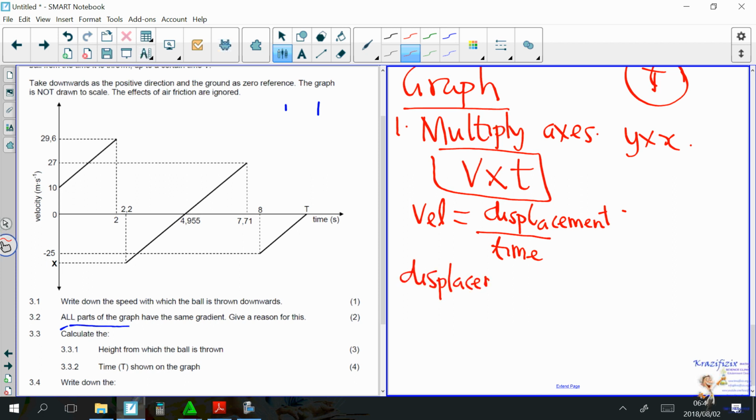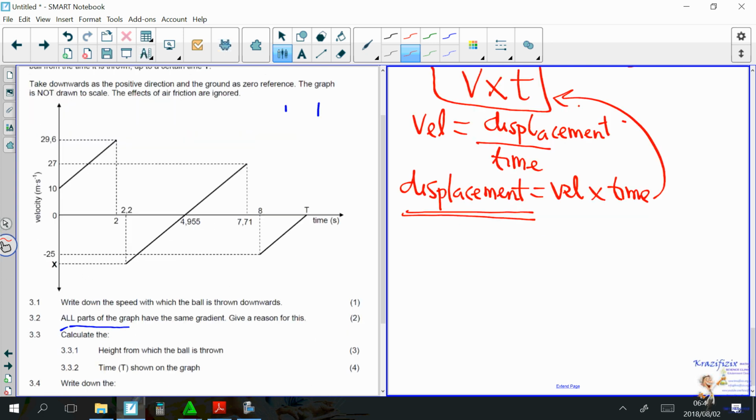Displacement would be equal to velocity multiplied by time. Oh my God, so it exists. So if we multiply the axes, it does exist. What does this now mean? It means that if the multiplication exists, I find the area of the shape.